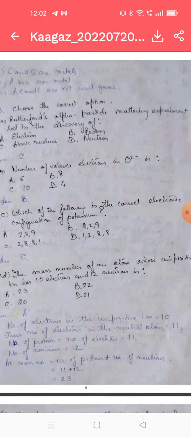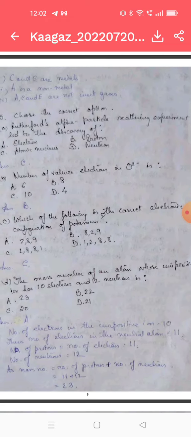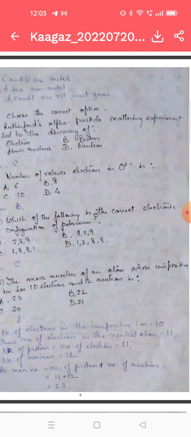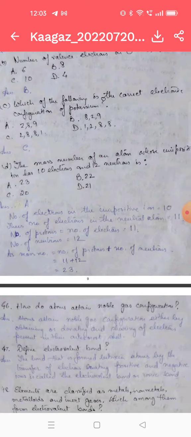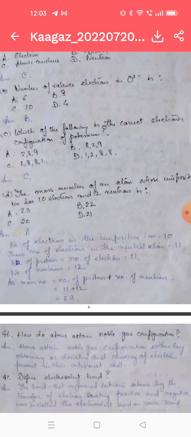The mass number of an atom whose unipositive ion has 10 electrons and 12 neutrons: the neutral atom has 11 electrons, but the unipositive ion has 10.